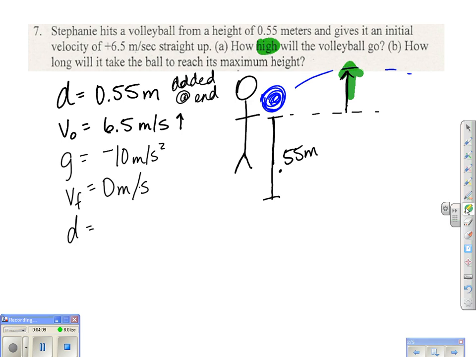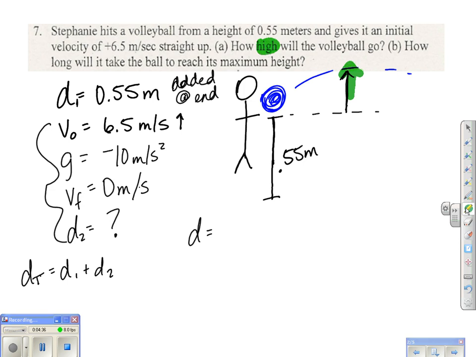To find our actual answer, our total distance, we'll do our d1 and our d2 and add those together. To find d2, we're going to need to use the formula that has gravity in it. With no time, we have to look for a formula that has no time but has gravity, because we're going to be using those variables right there.